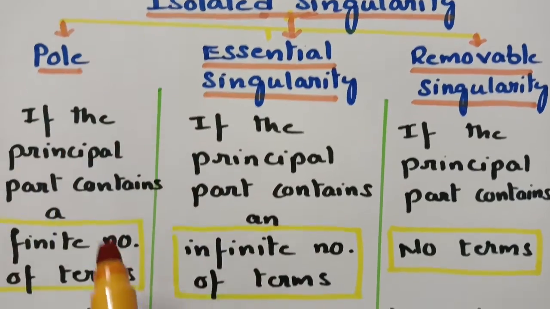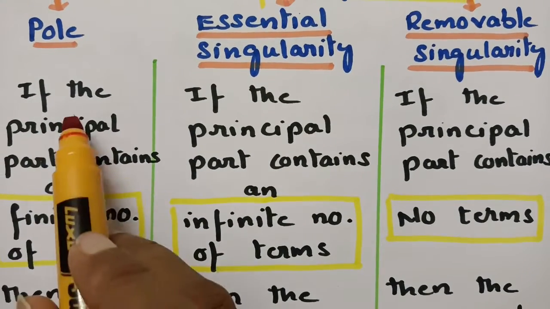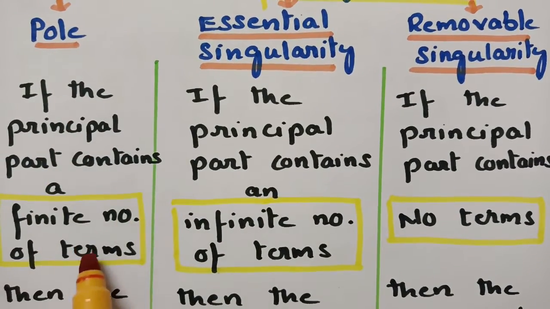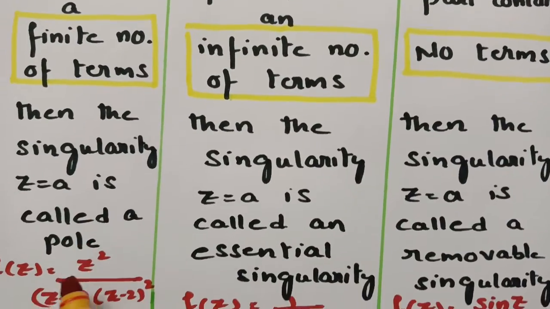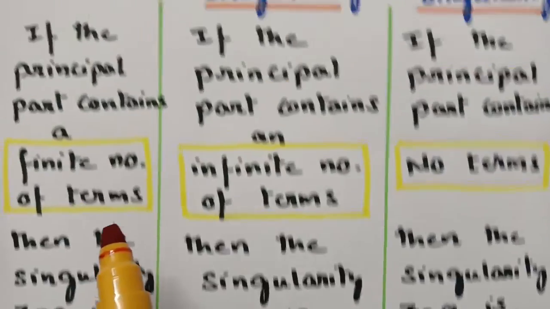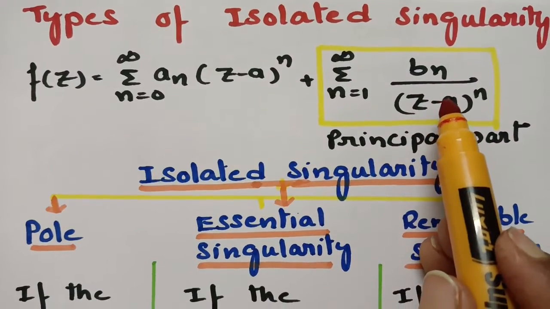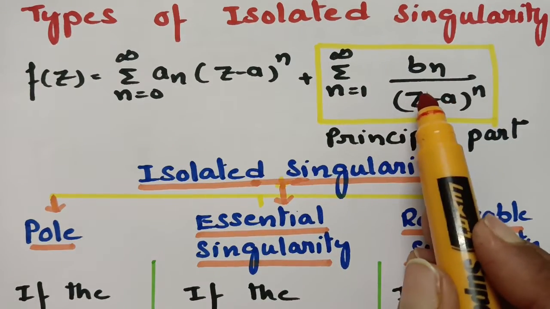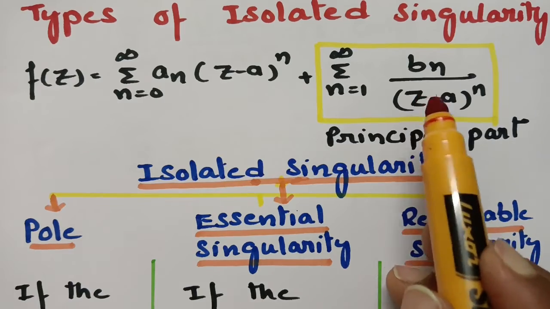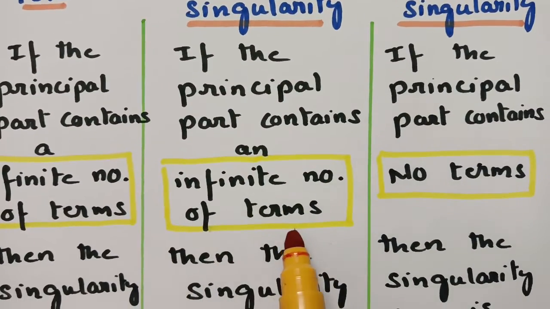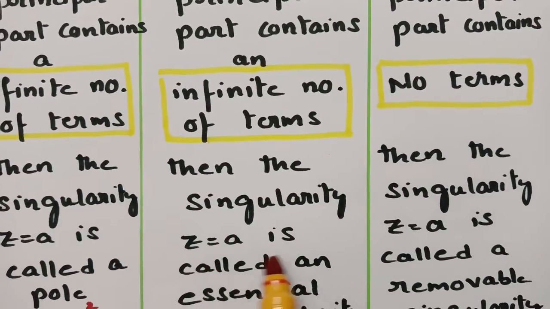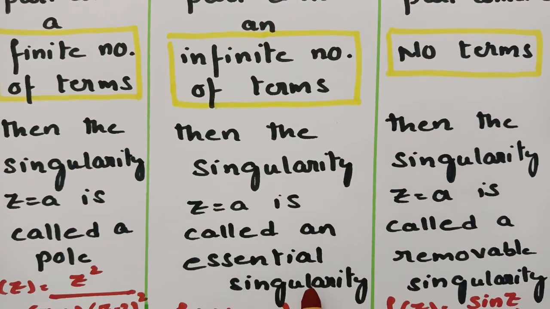So what is a pole? If the principal part contains a finite number of terms, then the singularity z equal to a is called a pole. If the principal part contains an infinite number of terms, then the singularity z equal to a is called an essential singularity.